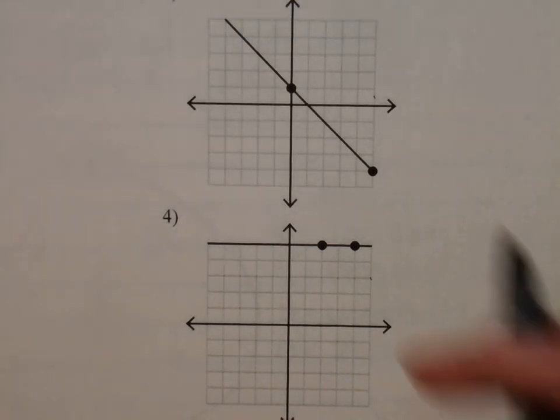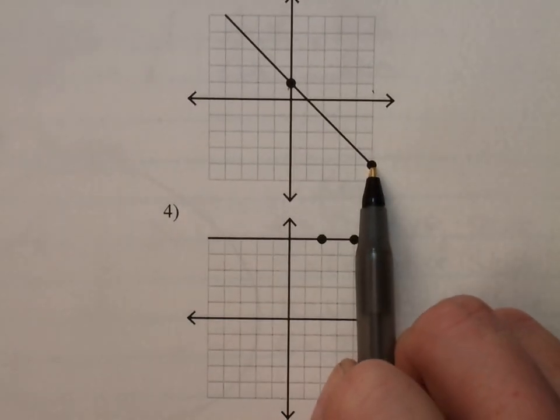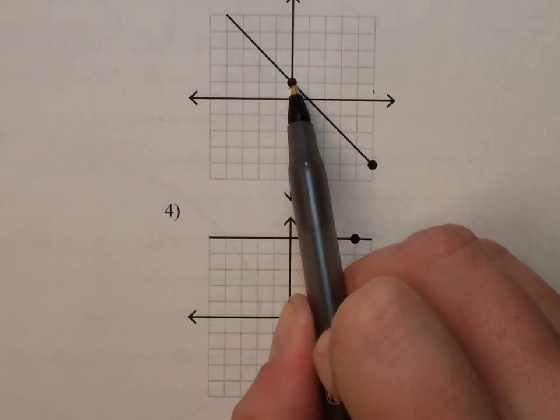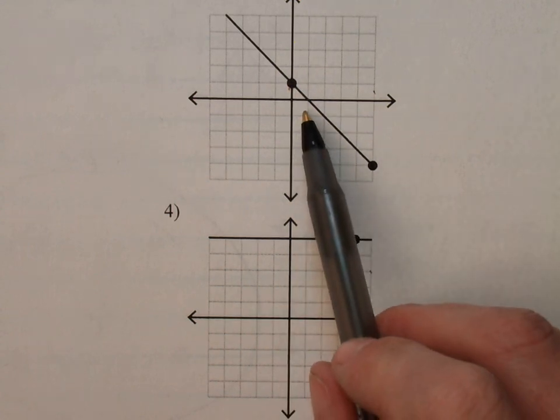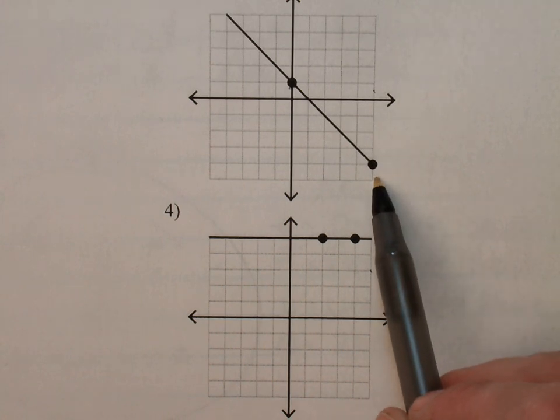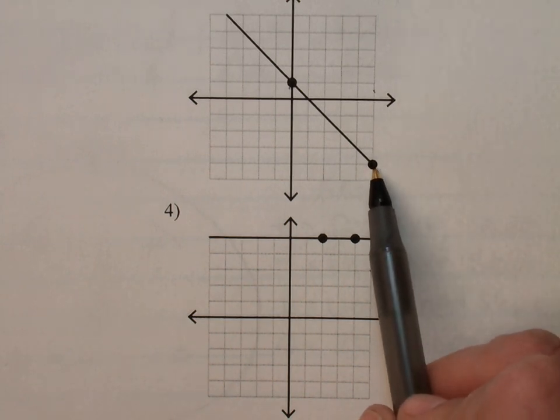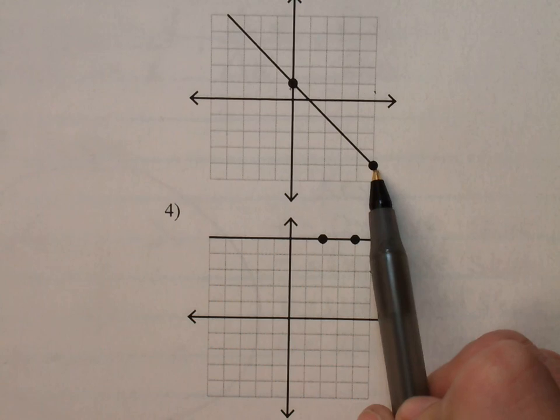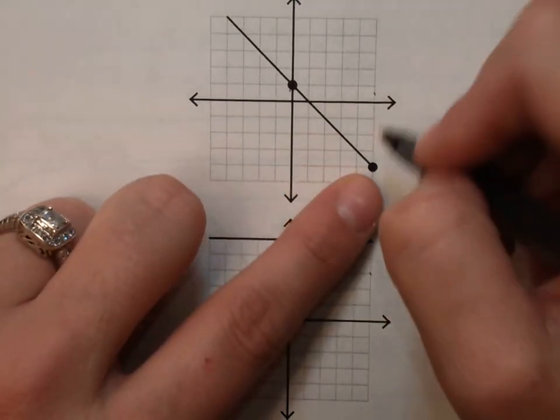Number 2, we're already given perfect points here, because this point is at 0, 1, and this point is at 1, 2, 3, 4, 5, 1, 2, 3, -4. So these are perfect points because I can tell their exact location. So we're going to make our right triangle.